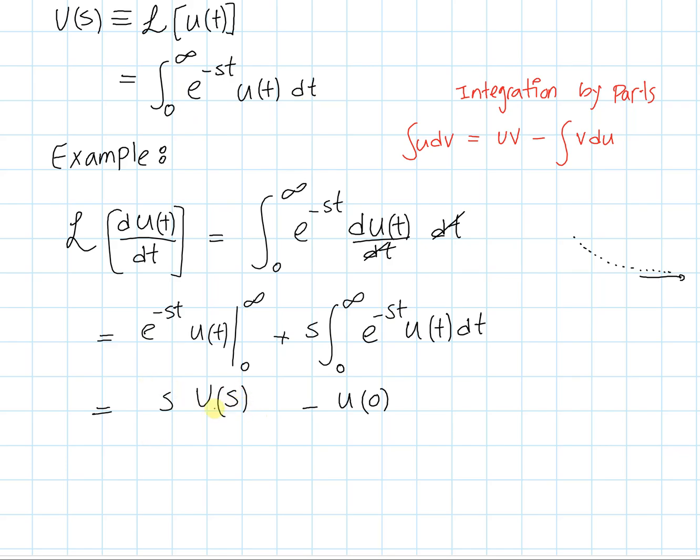So this is really the solution for the Laplace transform of a derivative of a function. Now I could do the same thing for the second derivative, and I need to do this because I'm going to demonstrate something in a second.